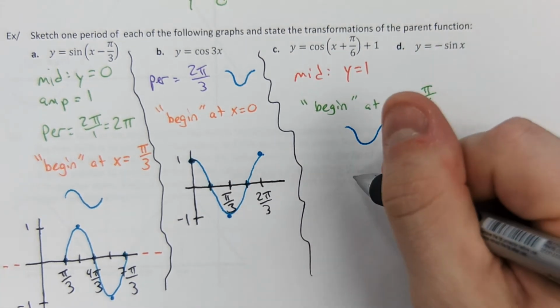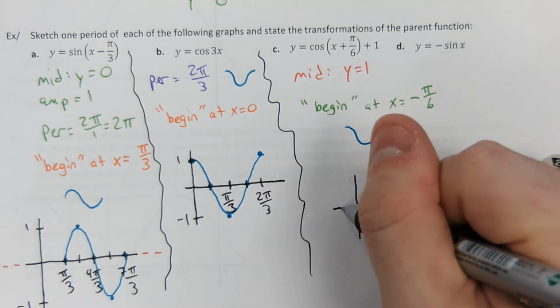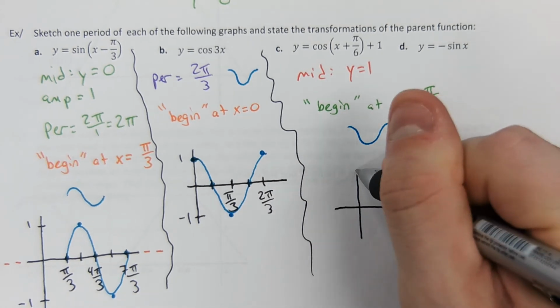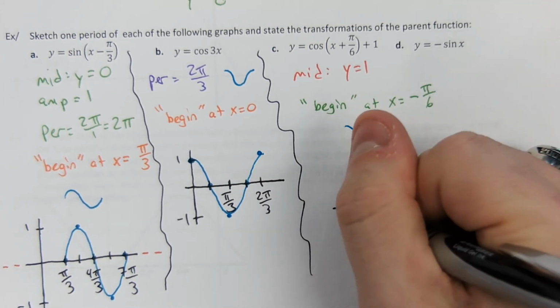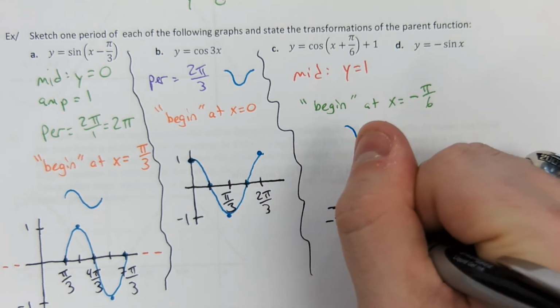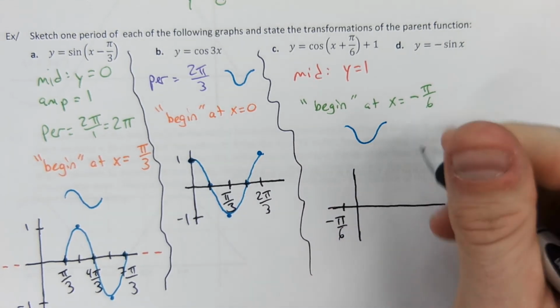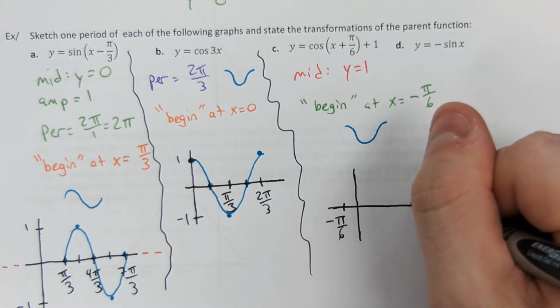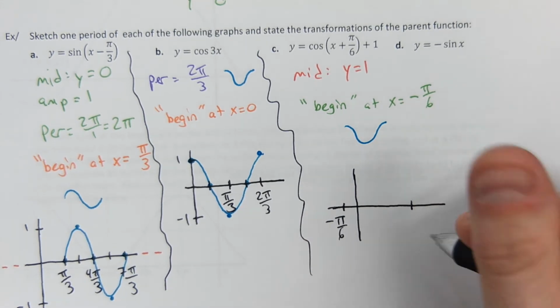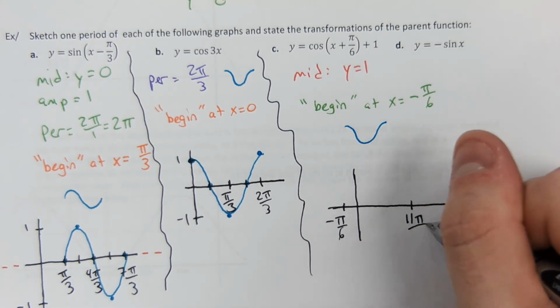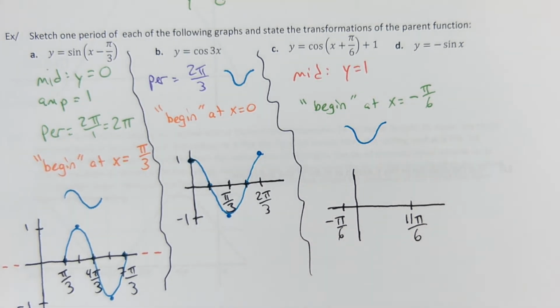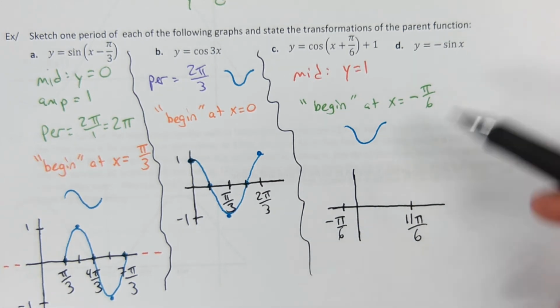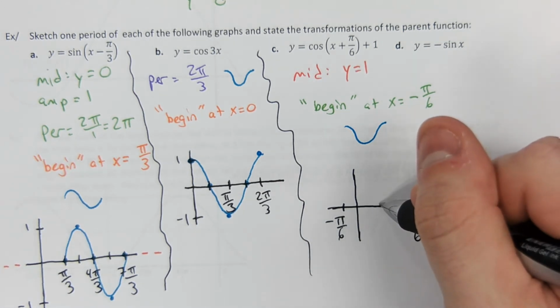Let's get it thrown on there. Need a little bit of a negative x-axis this time, because we do have to begin at a negative number. There's our period length, 2 pi. Cut the space between the beginning and the end in half.